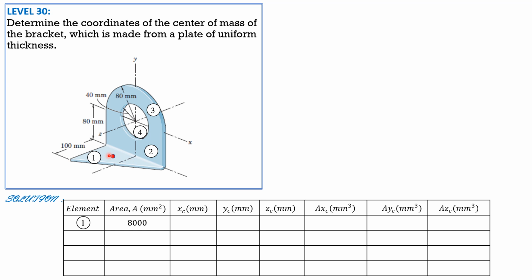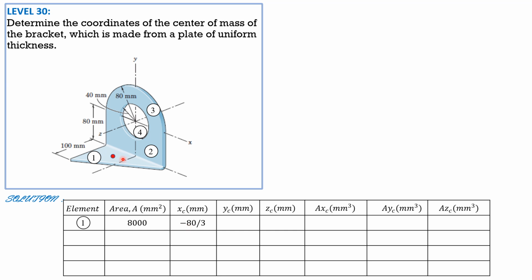So the centroid is located to the left of the YZ plane. So its X is negative. So supposedly this distance is 1/3 of 160. And since this is 80, so negative 80 plus 1/3 of 160 is negative 80 over 3.